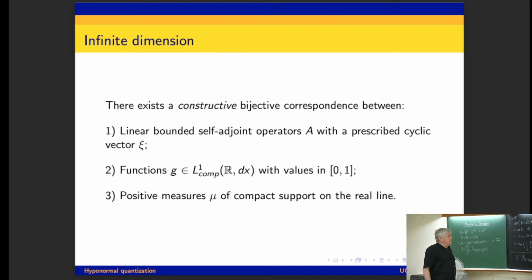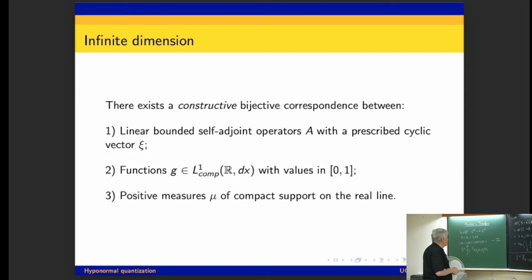And in infinite dimensions, we have, as a conclusion of this discussion, the following dictionary between three different objects. A self-adjoint operator A with a prescribed cyclic vector.